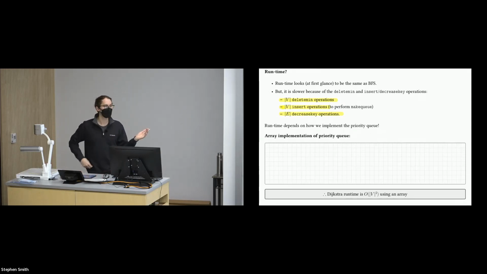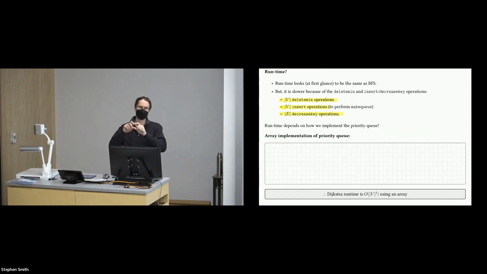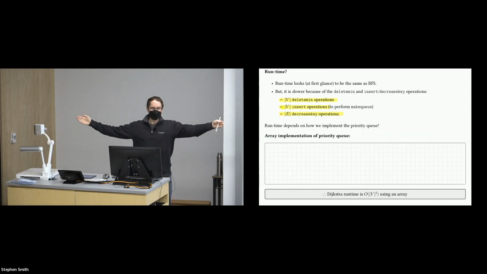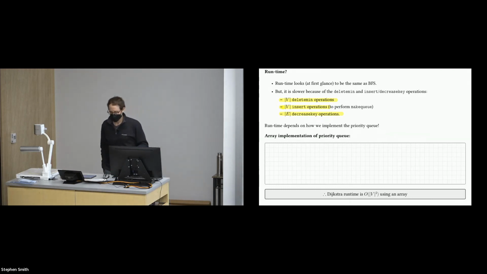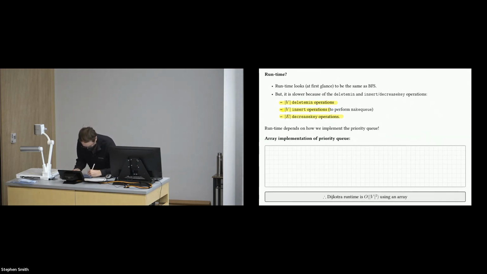The simplest implementation of a priority queue is just to store it as an array. It has n entries, right? Where entry 1 is the distance to vertex 1, and entry n is the distance to vertex n. If we think about that, then we have our three operations to perform in it. The first one being delete min.